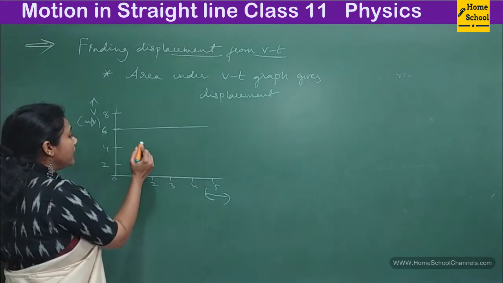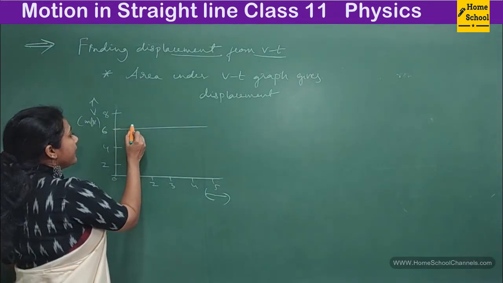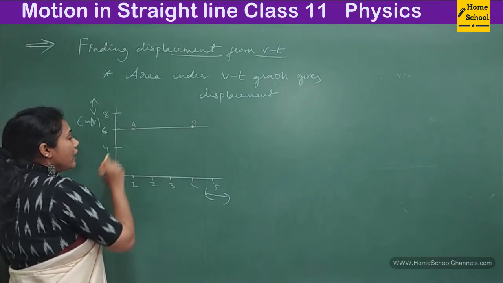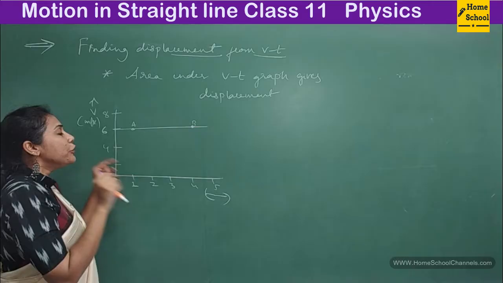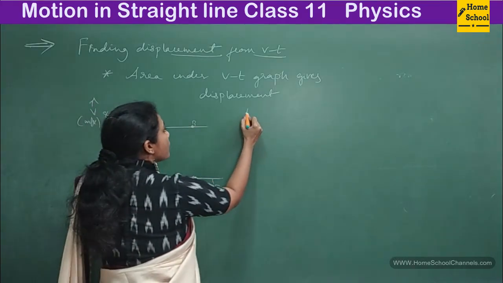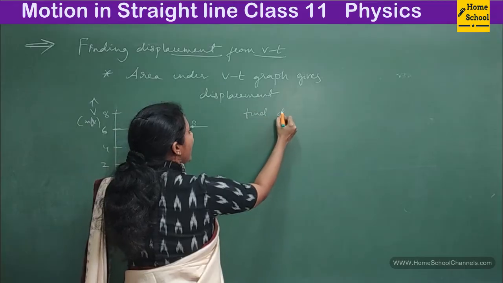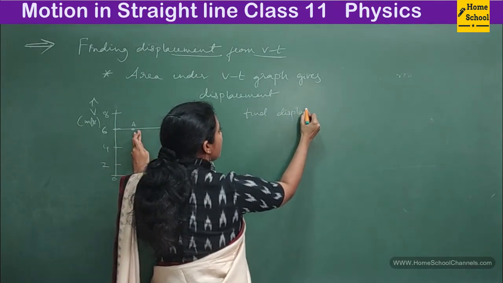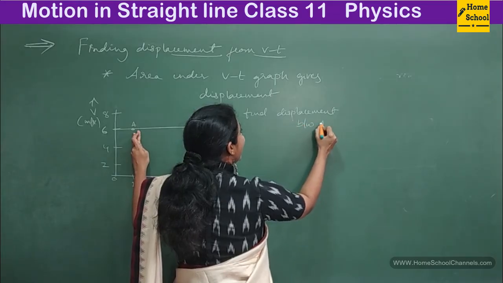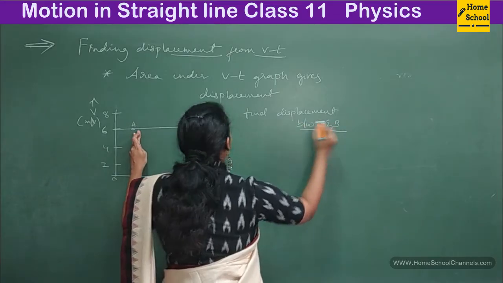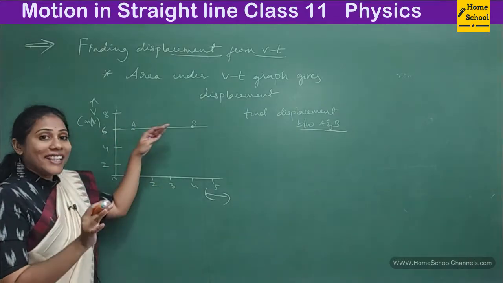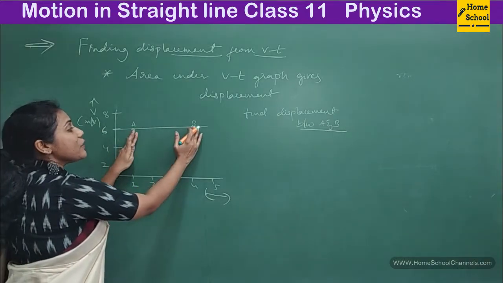Okay, so imagine this is point A and this is our point B. If I ask you to find the displacement between A and B, how do you find it? You just have to find the area covered under these 2 points.